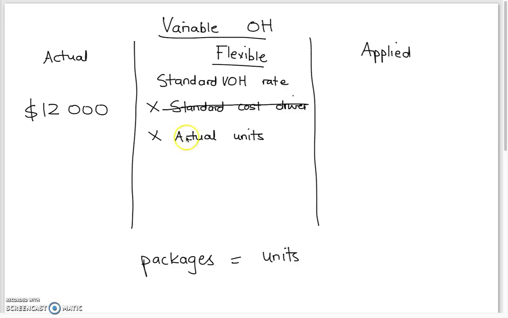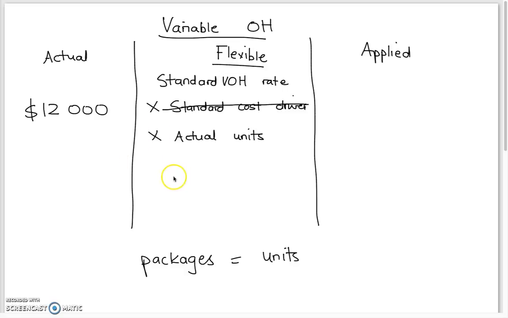So what we're left with is our actual units. What really happens here is flexible: again, you want to take your budgeted rate and your budgeted cost driver, something that makes your costs go up or down, and multiply by your actual units in order to arrive at a more accurate figure that is more consistent with the current level of activity.